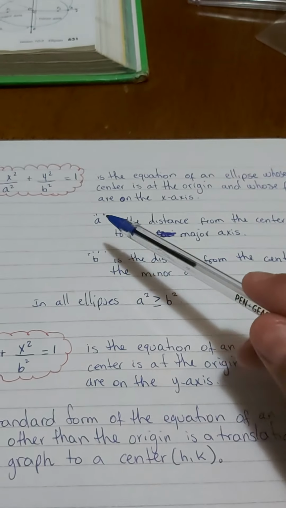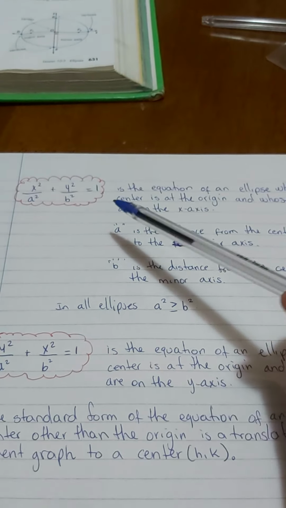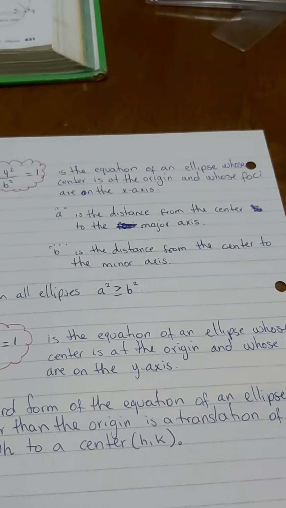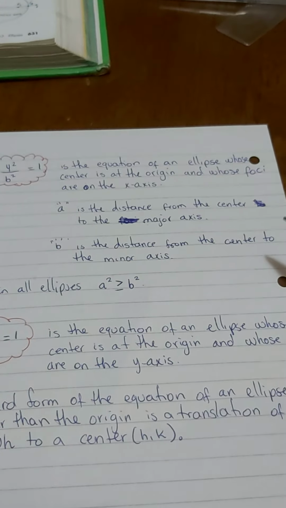Now, a is the distance from the center to the major axis vertex, and b is the distance from the center to the minor axis vertex.